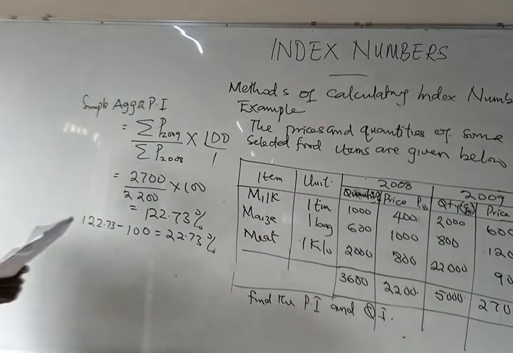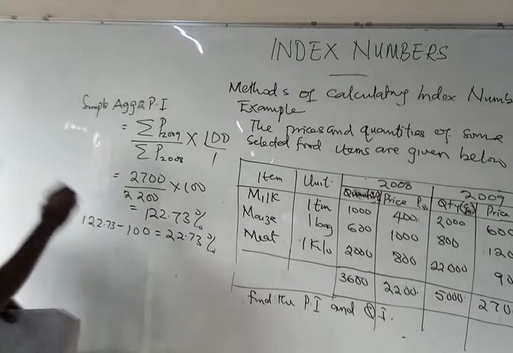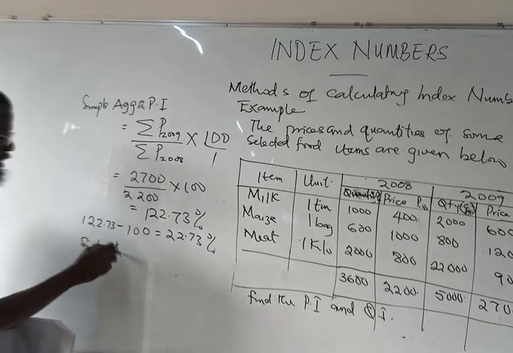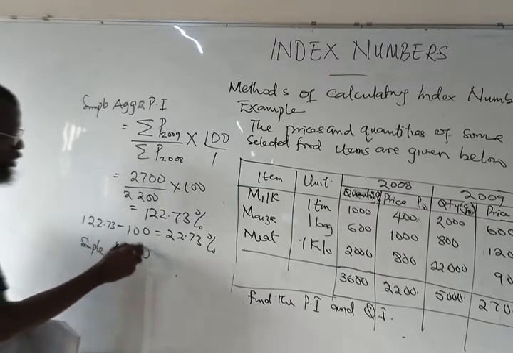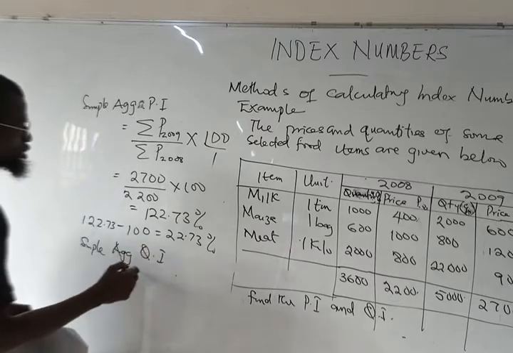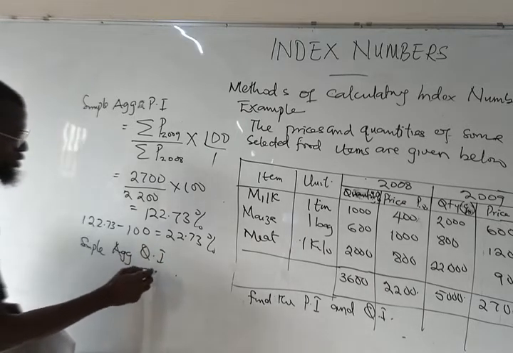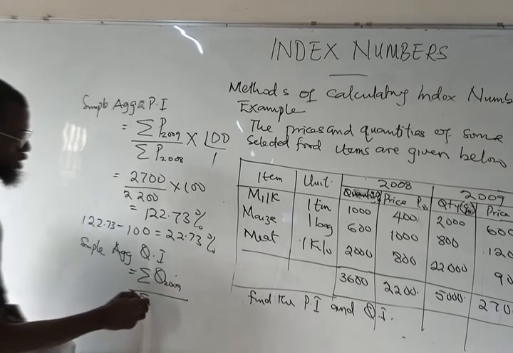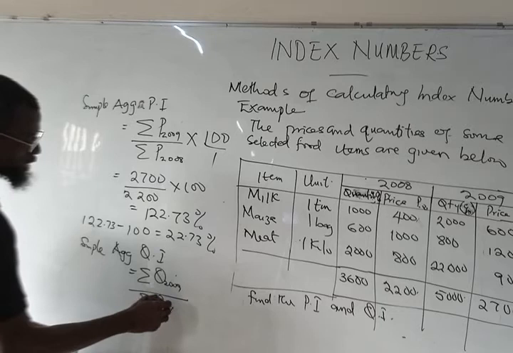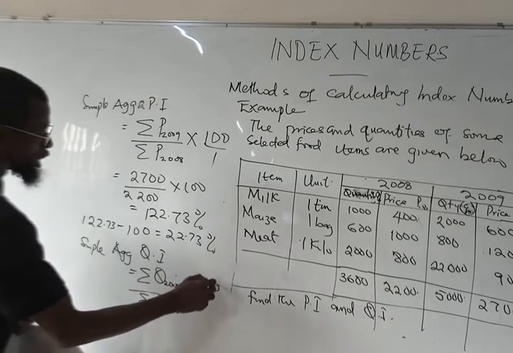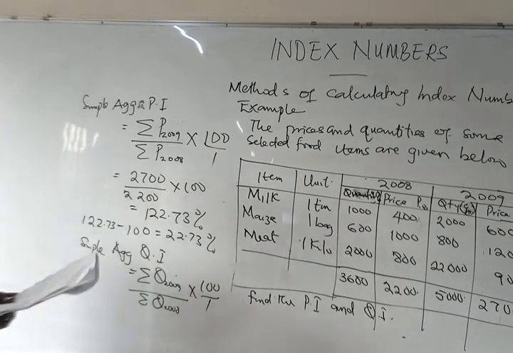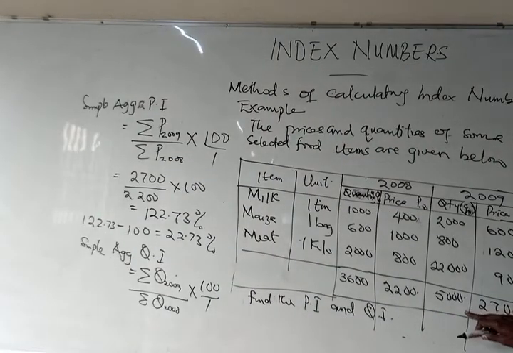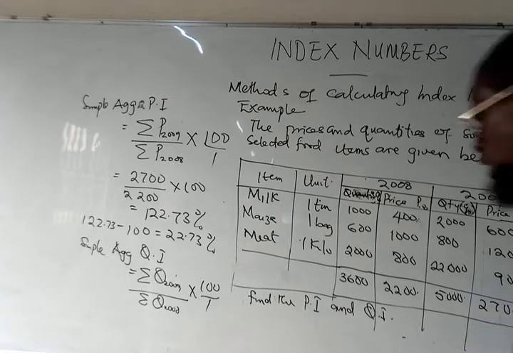You can as well look at the quantity using this. So we have simple aggregate for quantity index, which is in terms of Q: summation of Q in 2009 over summation of Q in 2008, then times 100 over 1. If you go by what you have, in 2009 we have 5,000 of the quantity bought.